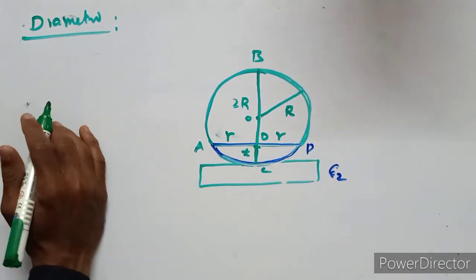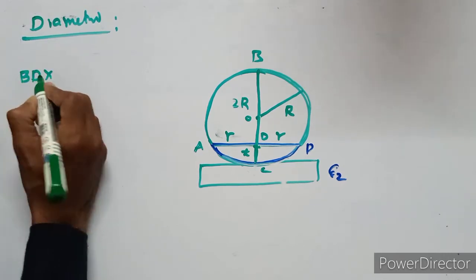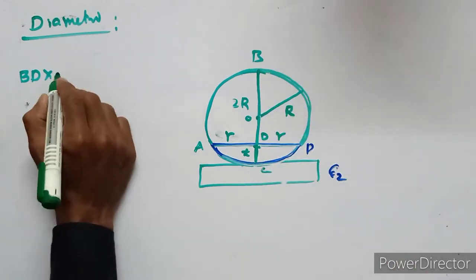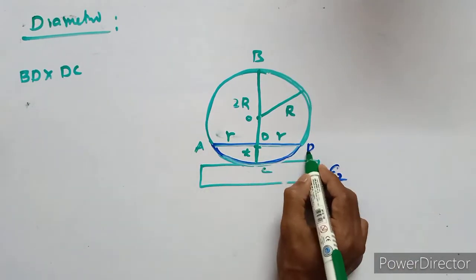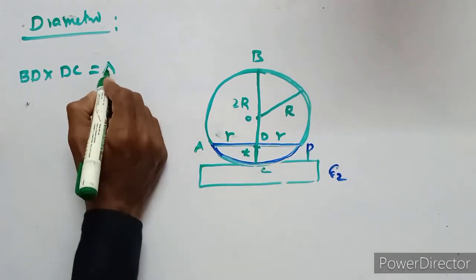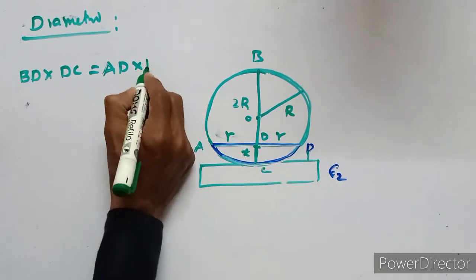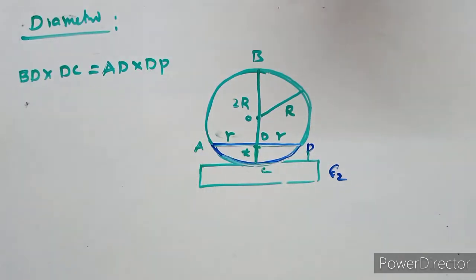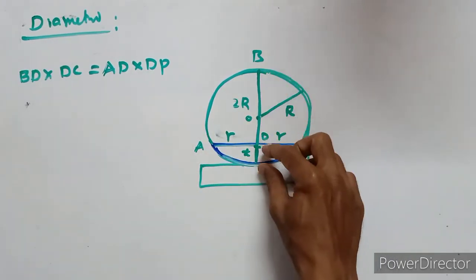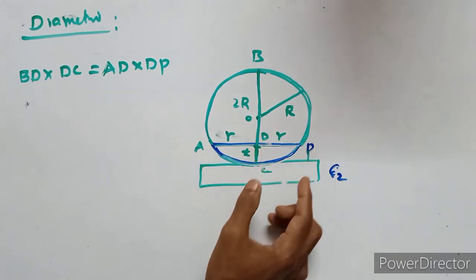That means BD into DC is equal to AD into DP. So this is the property of a circle.